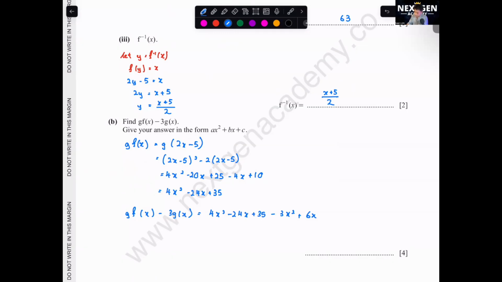These two last terms are from the 3g(x). Join x squared and x squared together, then minus 24x and plus 6x together. So here we get x squared minus 18x plus 35.